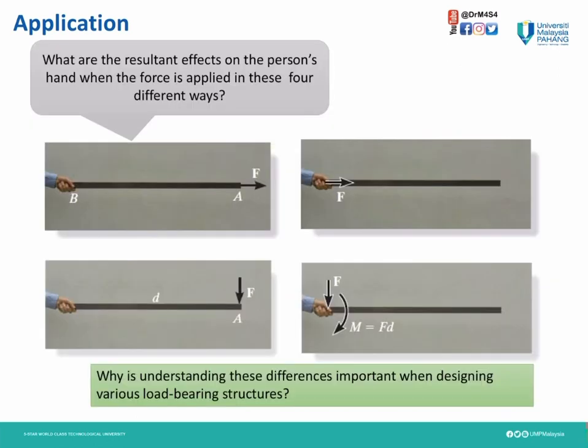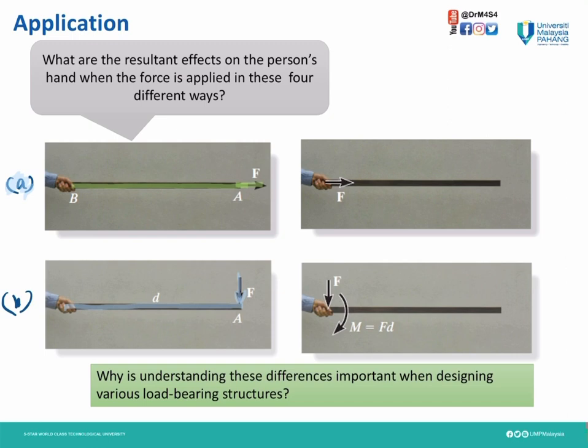Take this as an example of the difference between both systems. In system A, the force F can move along bar AB, and in system B, F can be between the A and B bar. So both systems cause a different effect on that bar.